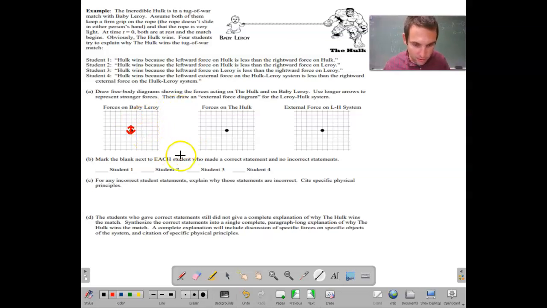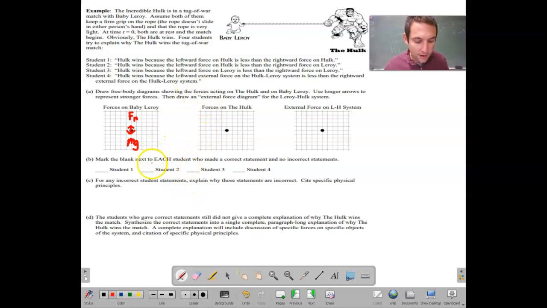So we have the normal force, which is the earth on Baby Leroy pushing up. And then we have the weight force, mg, which is Baby Leroy pushing on the earth. Opposite directions, right? Agent, object, all of that.